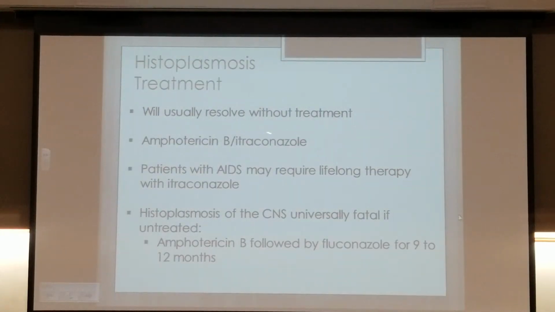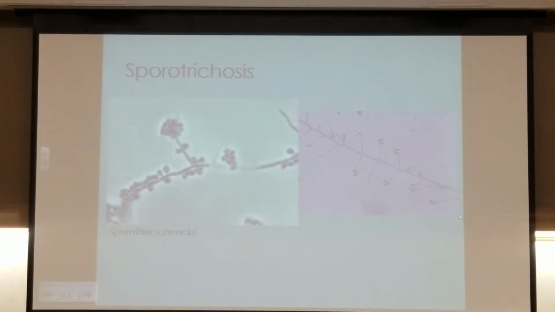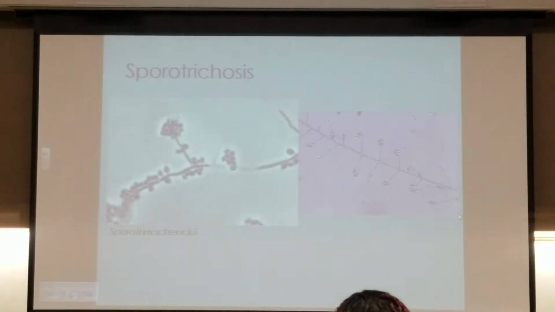Usually resolves without treatment. Are we happy with histoplasmosis? Where does it like to live? Guano. Yes, guano. How do we get it? And what's key once it gets in the body?